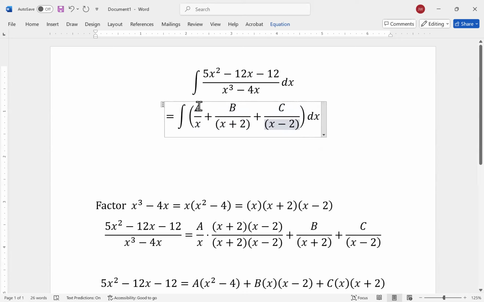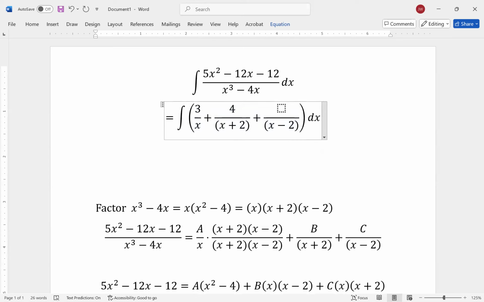And now I know that the A that I want is a 3, the B that I wanted was a 4, and the C that I wanted was a negative 2.